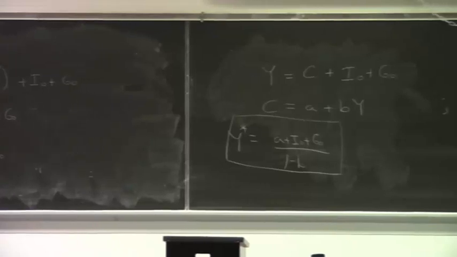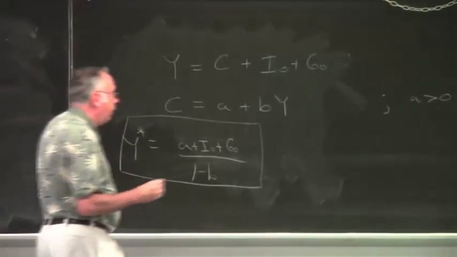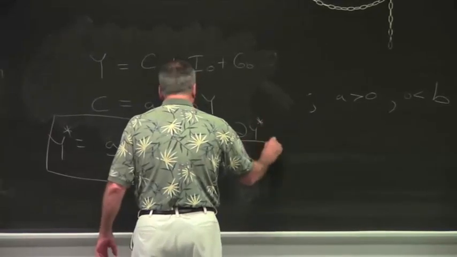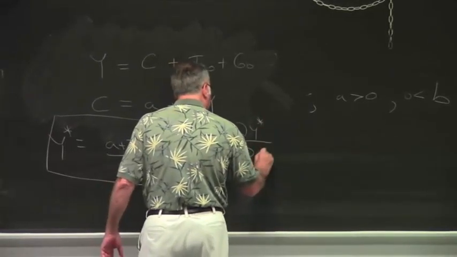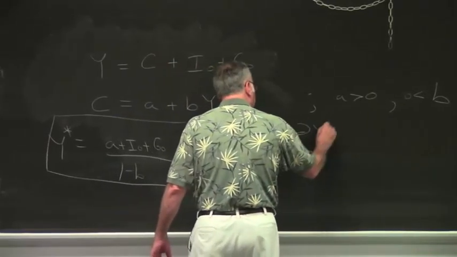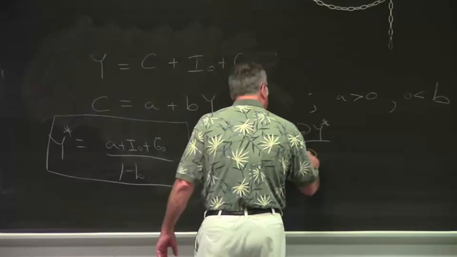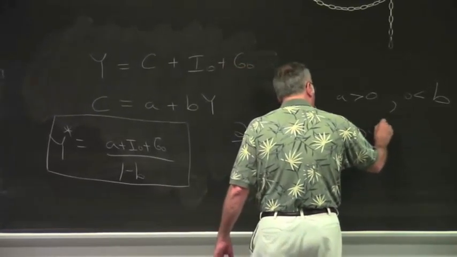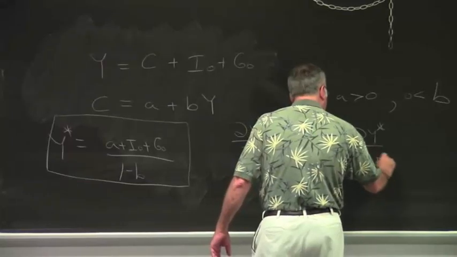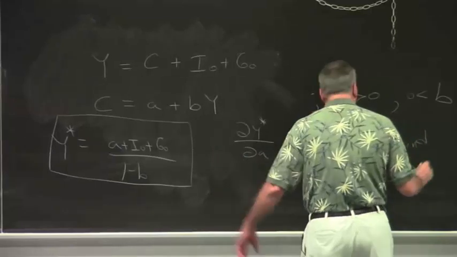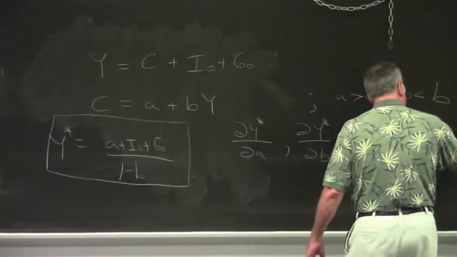We can look at partial Y star, partial A. We can look at partial Y star, partial B, partial Y star, partial I, and the last, partial Y star, partial G.